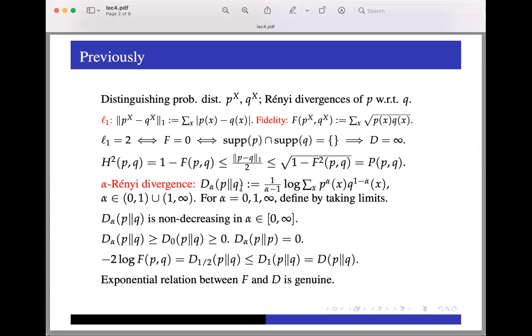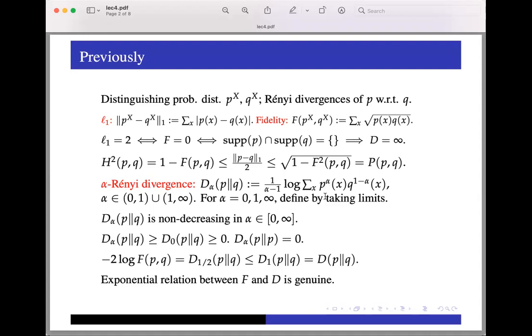After that, we moved on to a study of the alpha Renyi divergences. So this is the formula which defines it. So this formula holds for alpha in this range, strictly between 0 and 1, and strictly between 1 and infinity. In the last lecture, I had also used this formula for alpha equal to 0. So I tacitly assumed that 0 to the power 0 is equal to 0.